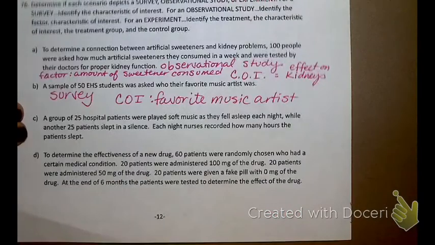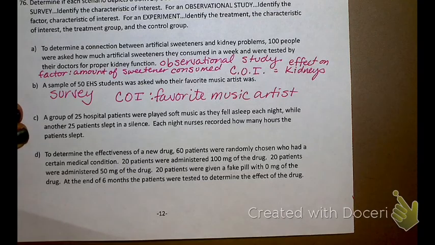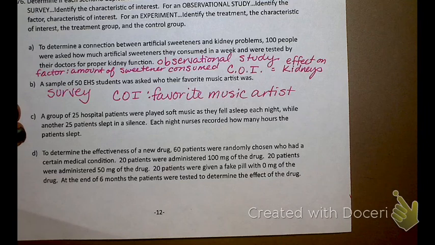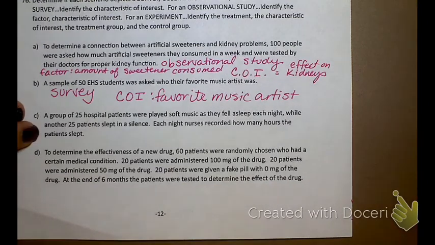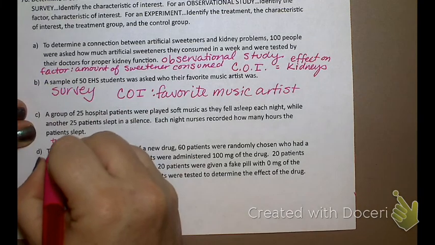All right. A group of 25 hospital patients were played soft music as they fell asleep each night, while another 25 patients slept in silence. Each night, nurses recorded how many hours the patients slept. That's hopefully clear. It's not a survey. Is there a treatment? Yes. What is that treatment? Soft music.